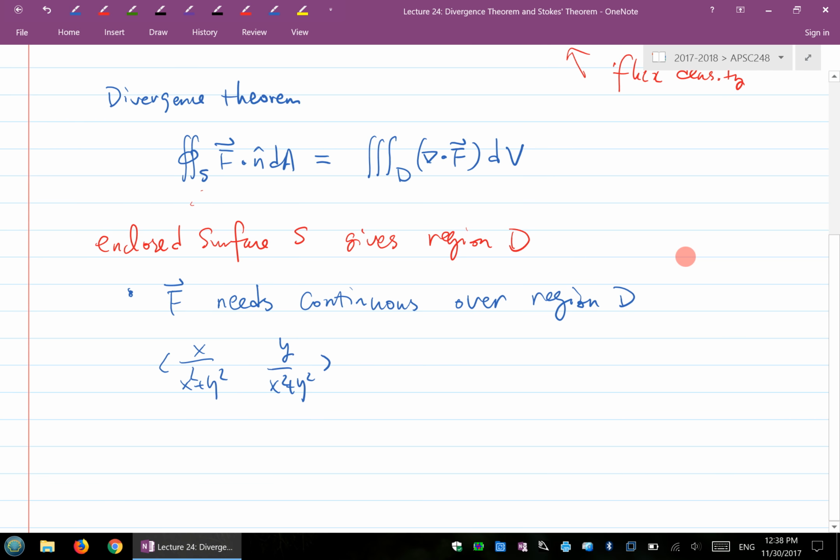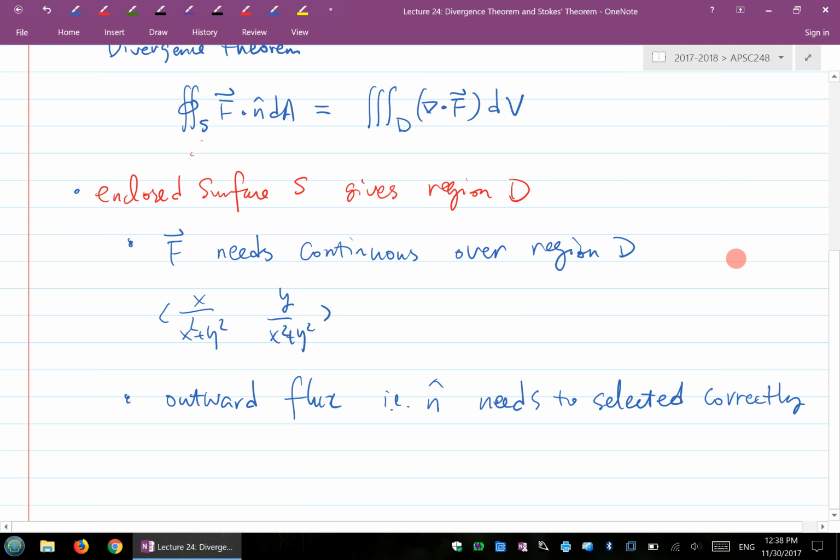And one more thing for the divergence theorem: it's always about our flux. This means the n hat, the normal vector to the surface S, needs to be selected appropriately.